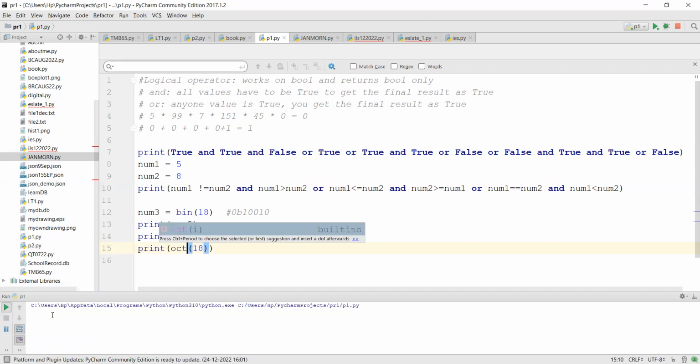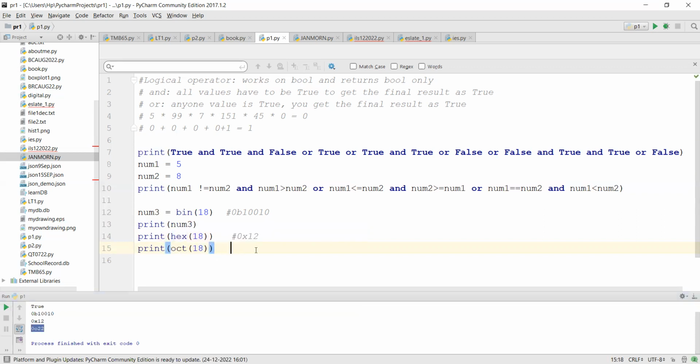Oct gives 0o. 0x is hexa, 0o is octal, 0b is binary, all small letters. So you have first 0 followed by a small letter, B, X, or O, followed by the number.